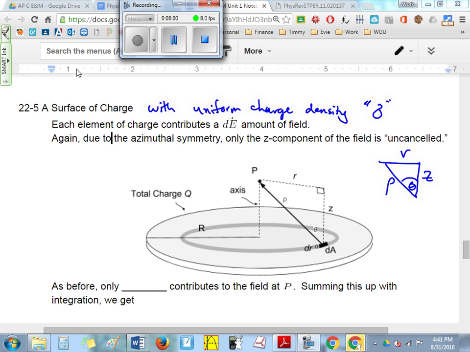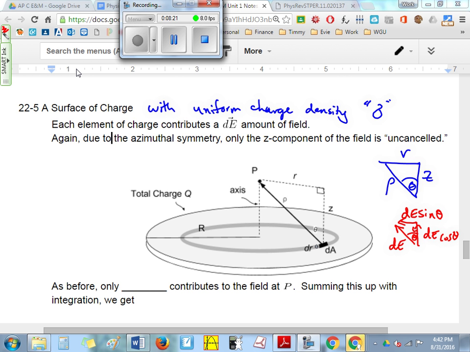Okay, so we're going to need a cosine theta, and the reason is, regardless of which triangle you're drawing, whether it's a dE with legs dE cos and dE sine, these two triangles are similar.